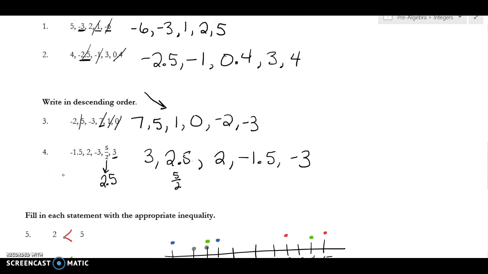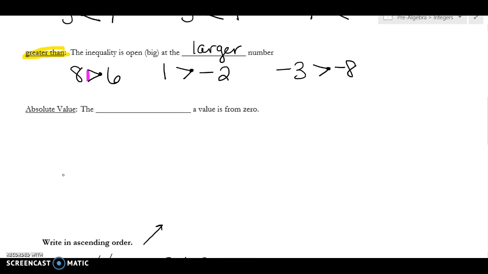All right, the last thing that we have to talk about today is absolute value. And the absolute value is the distance a value is from 0. Okay, so I have my number line.